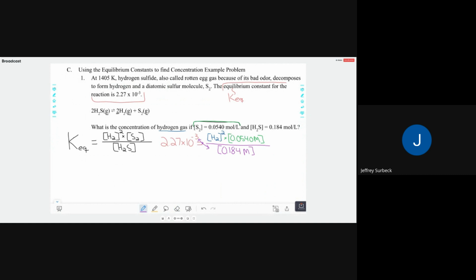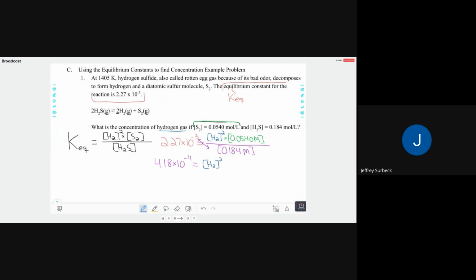Okay, so when I multiply these things together, I get 4.18 times 10 to the negative 4. This is all equal to our hydrogen gas, which is squared, H2, that is squared.